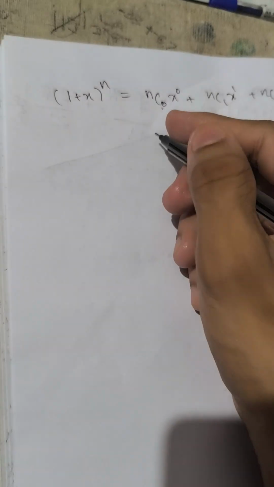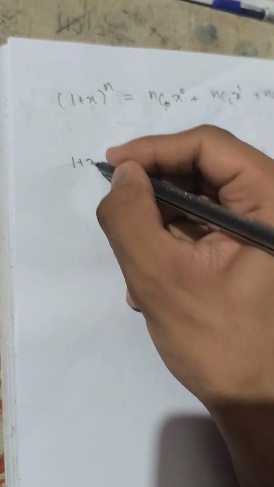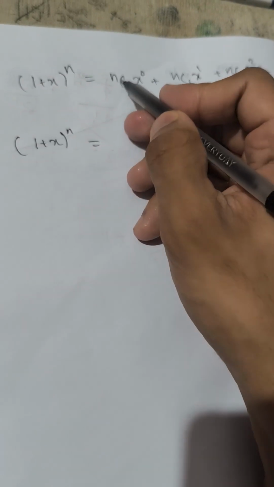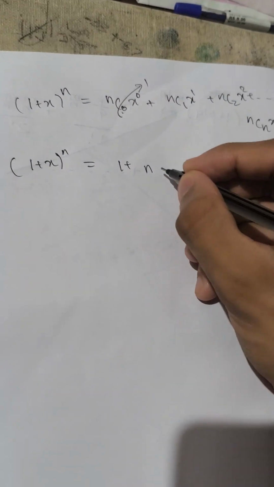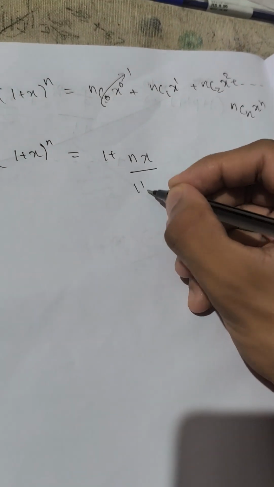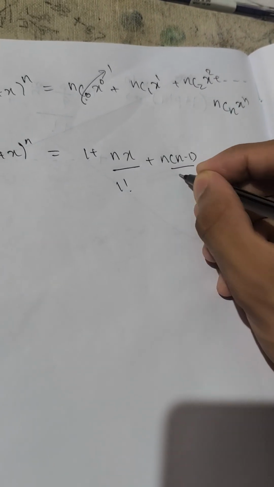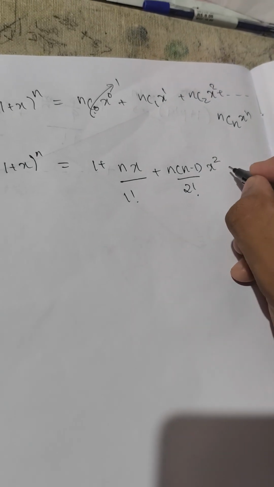The general expression for the binomial theorem is a bit similar, but you don't write it with C. That's the only difference. The first term is just going to be 1, then n into x divided by 1 factorial, plus n into (n minus 1) divided by 2 factorial into x squared, and so on and so forth.